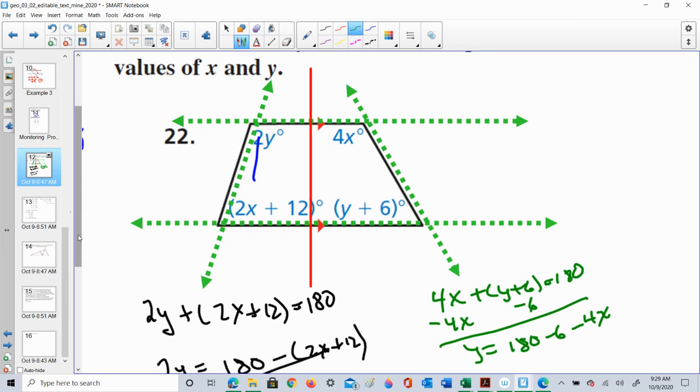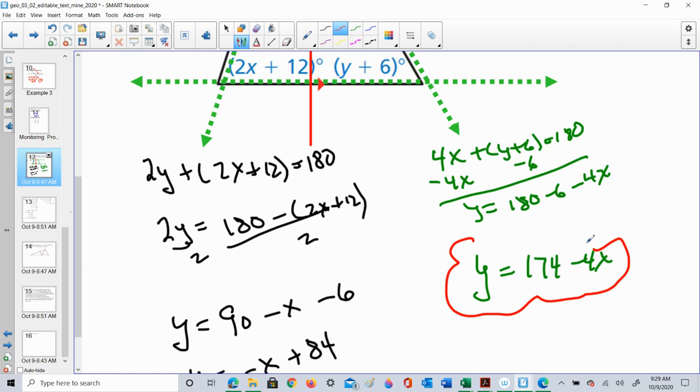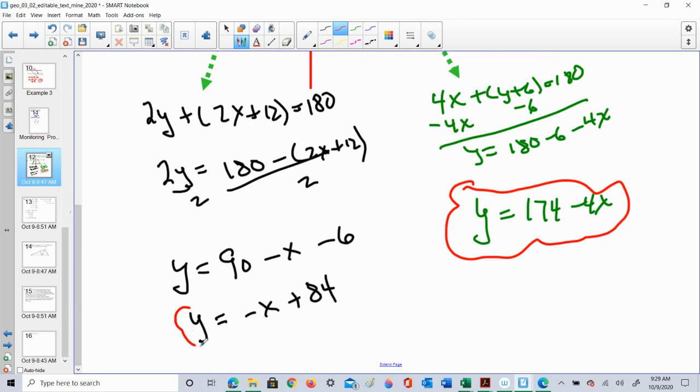Clean it up a little bit: y equals 180 minus 6 is 174 minus 4x. I now have two equations that y equals. I have this one, and I have this one.